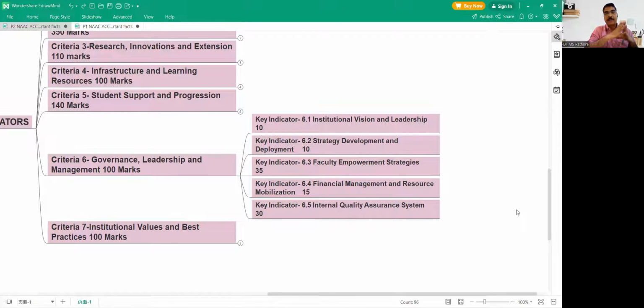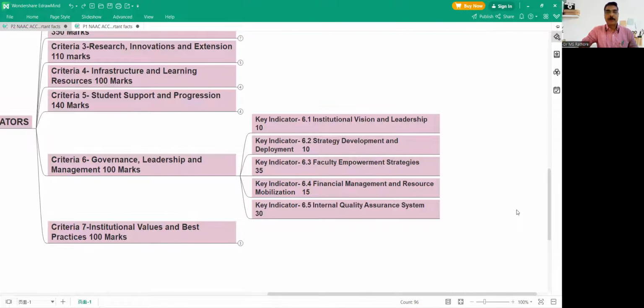And key indicator 6.4 is the financial management and the resource mobilization. This is a 15 marks question, about how the finances are being utilized and where these finances have been allocated for the multifaceted development of the higher education institute.